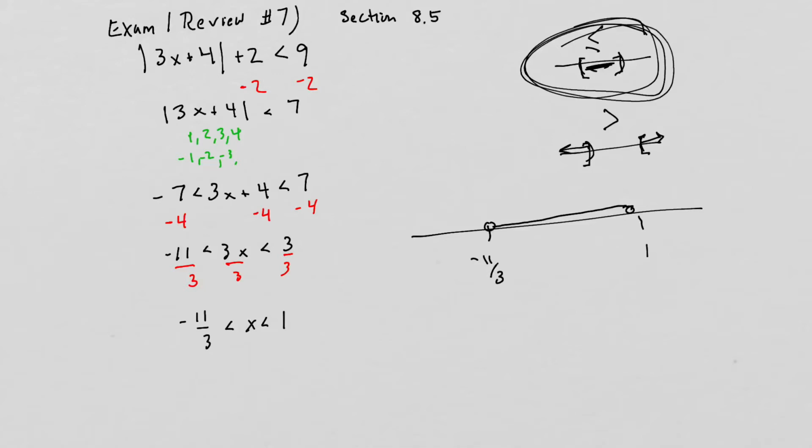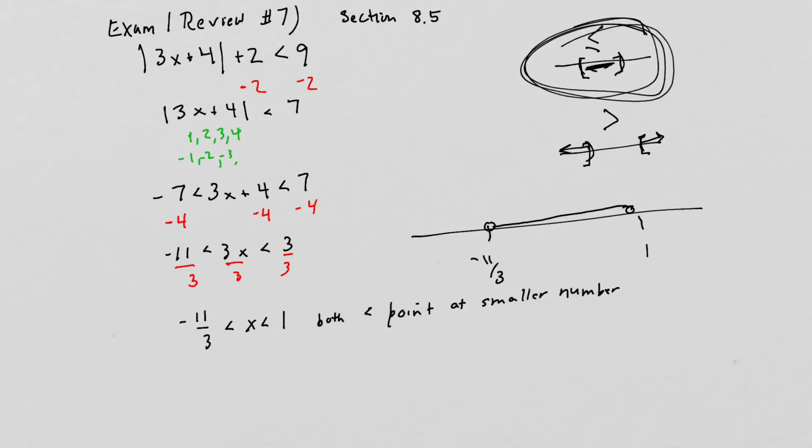Make sure when you're using a compound inequality that both inequality symbols point at the smaller number. So they're both pointing down at negative 11 thirds. Otherwise, you have described the empty set. If they were both pointing at the 1, you would have the empty set.